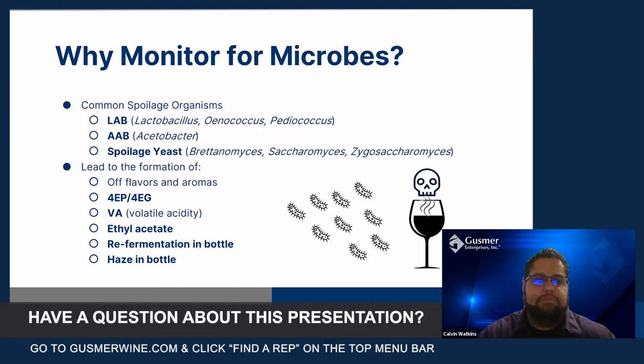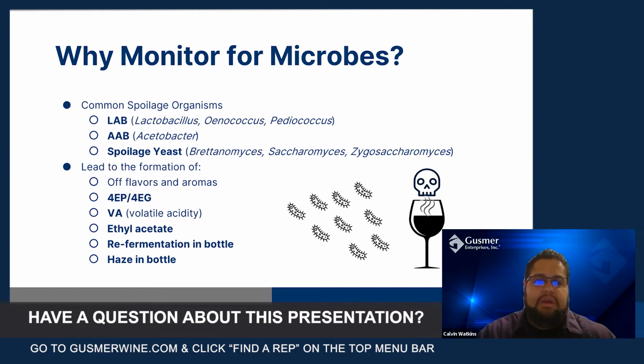And different spoilage organisms will lead to the formation of different off flavors and aromas. So 4EP and 4EG, in my opinion, that would be Band-Aid. But to each his own. There's a lot of different descriptors for that off flavor. VA, in my opinion, is vinegar or acetic acid for the most part.